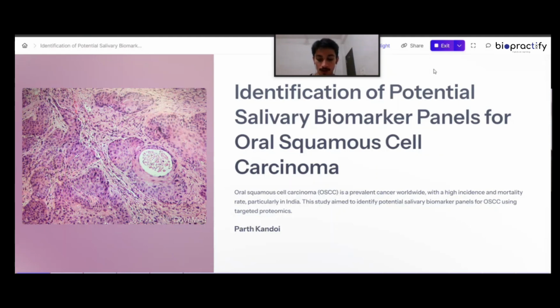Now, how does this relate to my research article or the manuscript which I was provided in the first assignment? The research article which I was provided with was "Global proteomics based identification and validation of thymosin beta 4X linked as a prognostic marker for head and neck squamous cell carcinoma."